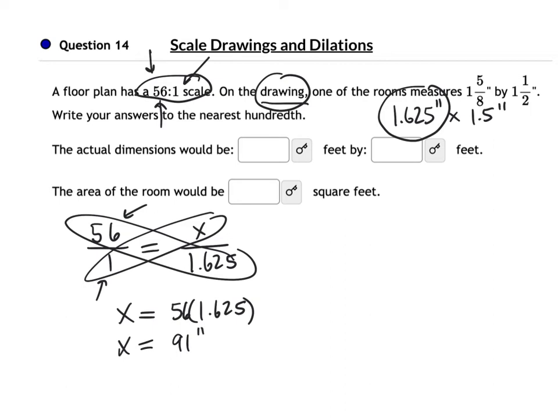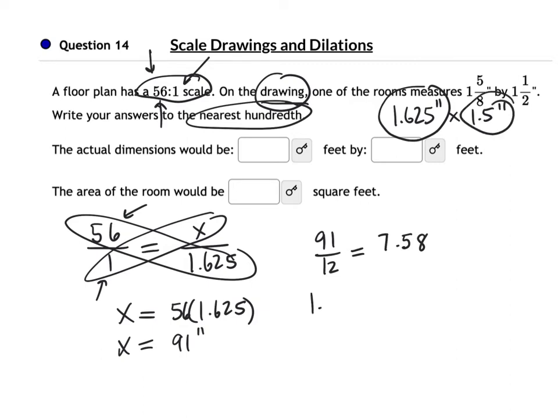If I want to turn that into feet, I'm going to divide it by 12. 91 divided by 12 would be 7 point, it says to the nearest hundredth, 7.58. Now I need to do that with the other one.